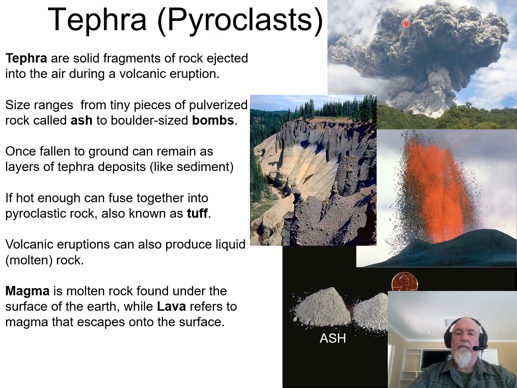Now what goes up must come down, so you can get thick accumulations of ash deposits and lava bombs deposited in the splatter zone around a volcanic eruption. Hard to see in this diagram here, but basically ash and larger ash, which we call lapilli, and lava bombs are the majority of the tephra coming out of a volcano.